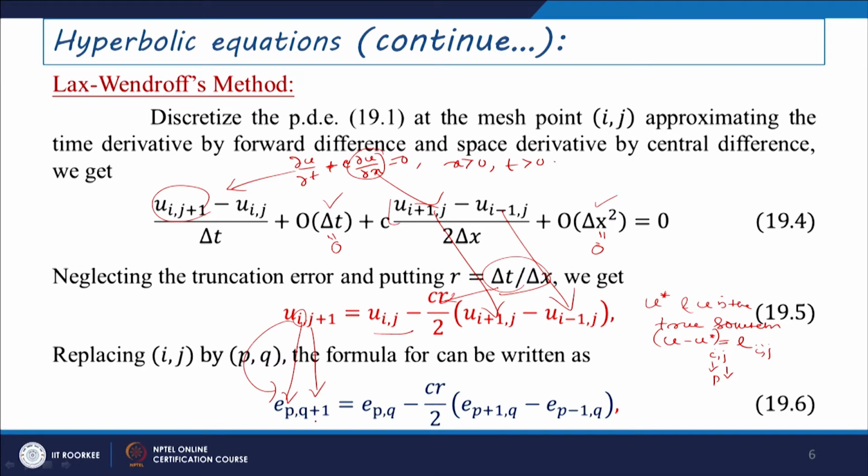Similarly, u i j minus u star i j can be replaced as E of p q here, minus CR by 2 and u i plus 1 j minus u star i plus 1 j, which can be written as E of p plus 1 q term here. And similarly, if you replace u of i minus 1 j minus u star of i minus 1 j, we can denote this difference as E of p minus 1 q here.